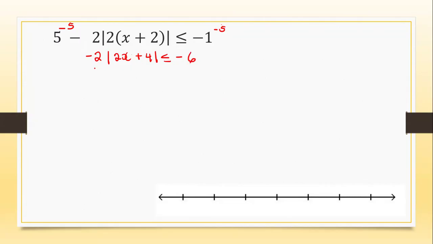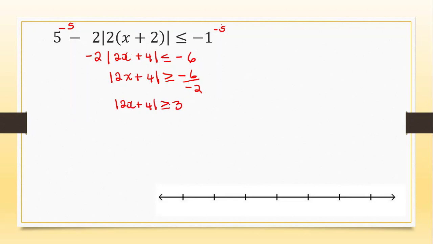Now I want to divide by a negative. In order to divide by a negative, I need to change the direction of my sign. So I now have the absolute value of 2x plus 4 is greater than or equal to -6 divided by -2. The absolute value of 2x plus 4 is greater than or equal to +3.